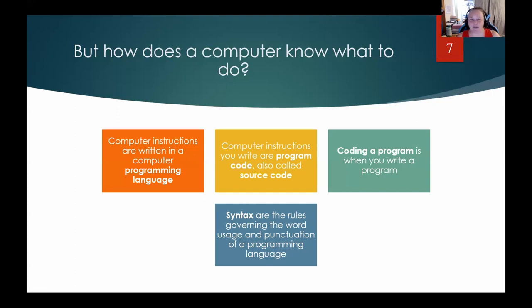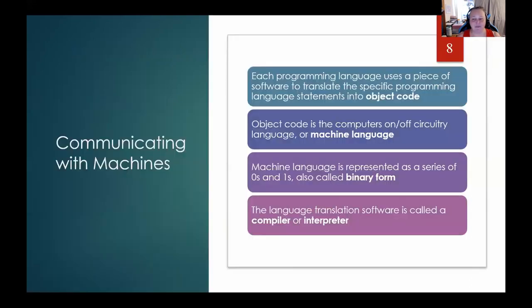Syntax is going to be the rules that surround what you have to do in that programming language. What do the words mean? Do I need quotes? Do I need semicolons? Do I need colons? Do I need spaces, tabs, carriage returns? The syntax is basically pretty equal to the grammar in the English language, okay? It's going to be that set of rules to explain to you how to use that computer language.